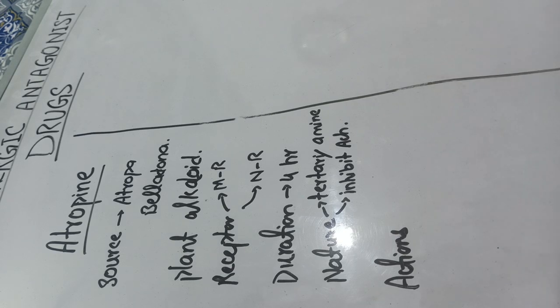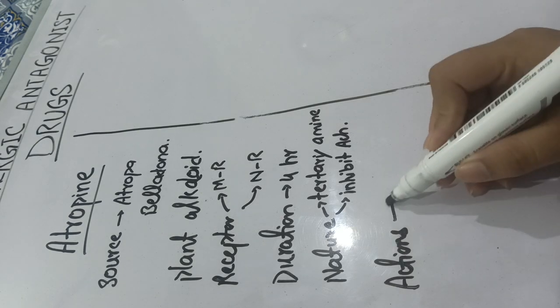Whenever you are in fighting mode, your heart rate increases, your blood pressure increases, the pupil of the eye dilates, and therefore your eyes become wide open. Your gastrointestinal tract decreases its motility and secretion. Your urination is completely blocked. These are the actions done when you are in fight and flight mode.